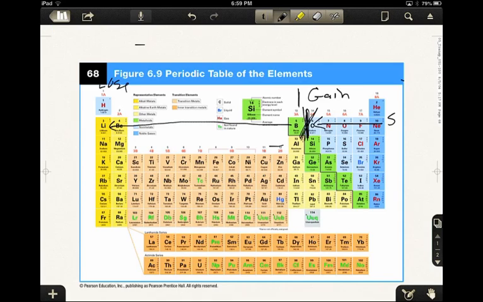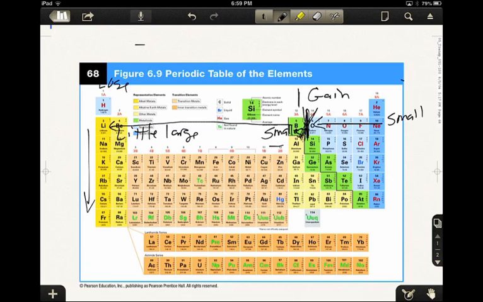So small. Okay. Smallest here. Getting a little larger over here. And then the trend is still the same as I go down. They always get bigger.